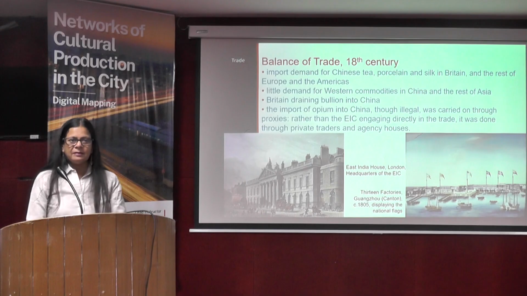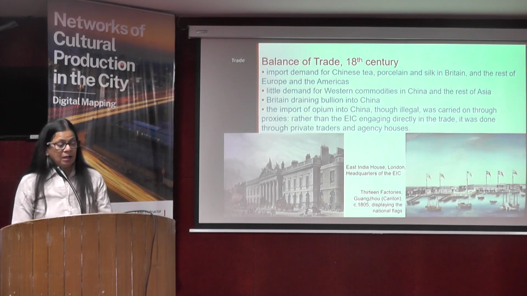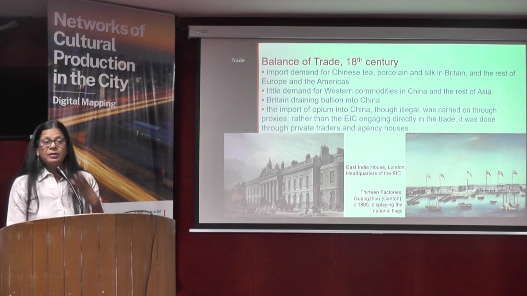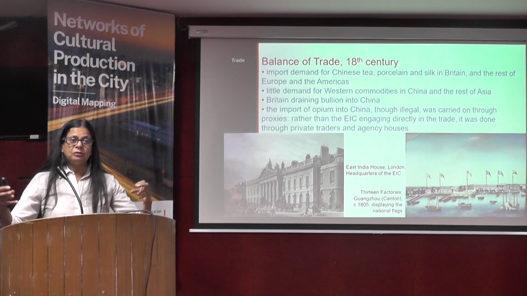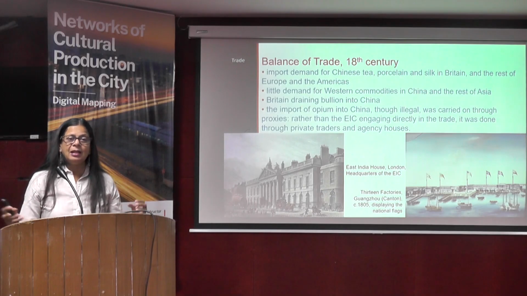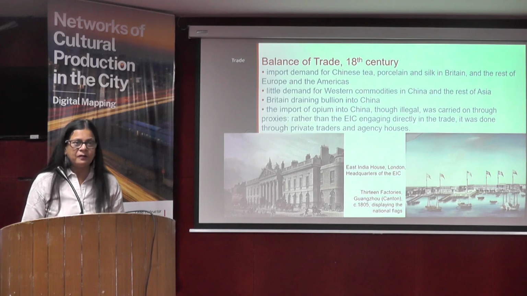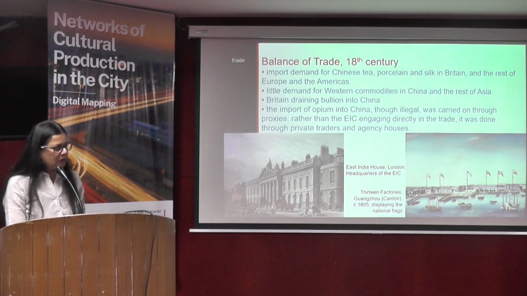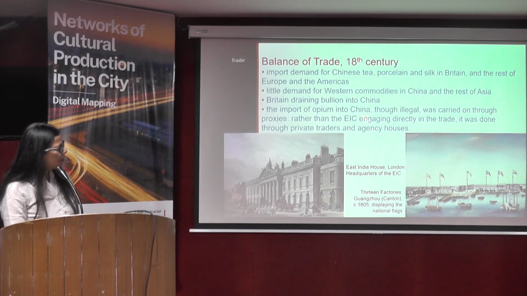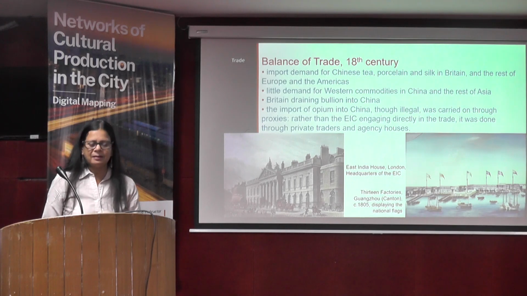Now, under mercantilism, which was the presiding philosophy of trade and commerce and finance, the idea is that, crassly speaking, you want most of the wealth in your coffers. You want most bullion in your coffers and not in somebody else's. You don't want to drain bullion. So you want somehow to change this trade imbalance.